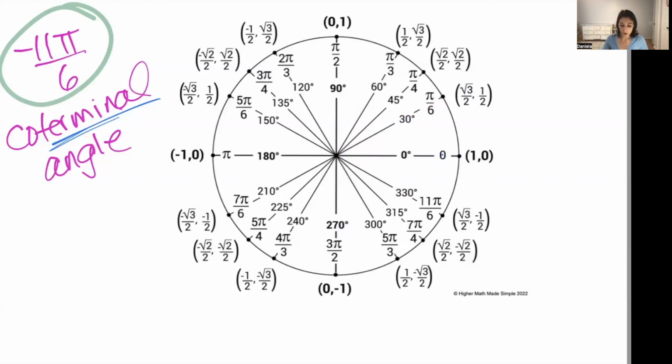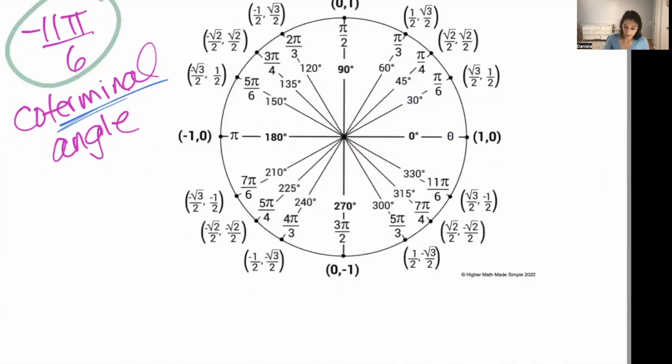So the question is, should I add or subtract 2 pi radians? I'll give you a little tip. When you have a negative angle, you always want to add 2 pi, right? Because if you subtract, starting at the negative, you end up even more negative. So we want to add 2 pi here, and watch the magic happen.